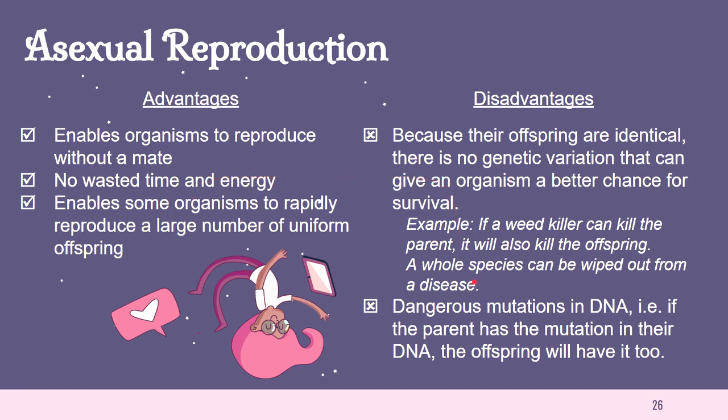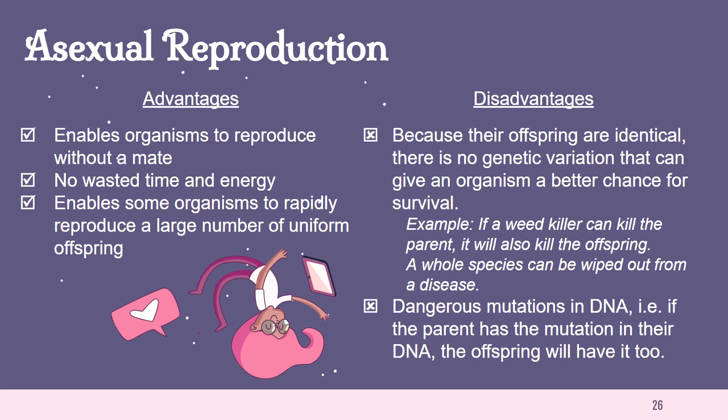Now it also has its downside, okay? First, because their offspring are all identical with each other and with their parent, there's no genetic variation. Okay, so this is one of the strengths of sexual reproduction. Since there are two parents contributing in sexual reproduction, there's genetic variation within the offspring, and that genetic variation gives them a better chance for survival.